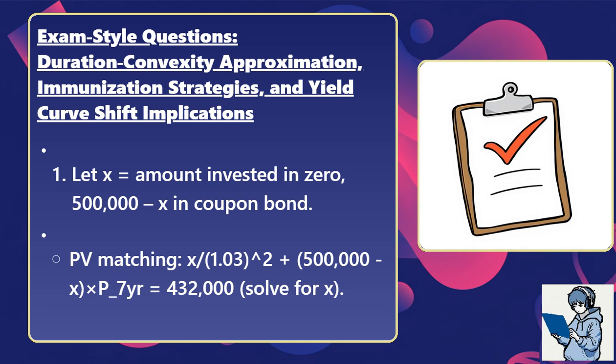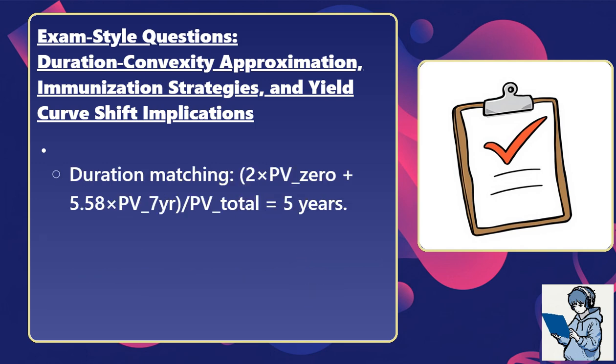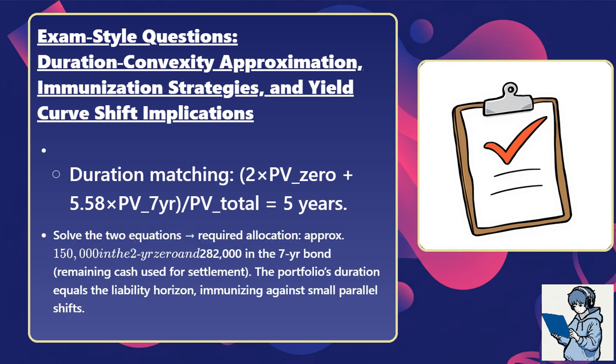Solve for X. Duration matching: (2 times PV 0 plus 5.58 times PV 7-year) divided by PV total equals 5 years. Solve the two equations. Required allocation is approximately $150,000 in the 2-year zero and $282,000 in the 7-year bond. Remaining cash is used for settlement. The portfolio's duration equals the liability horizon, immunizing against small parallel shifts.